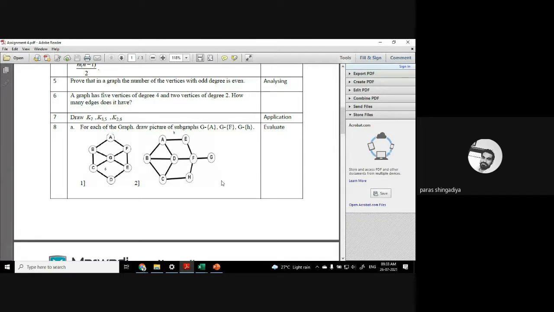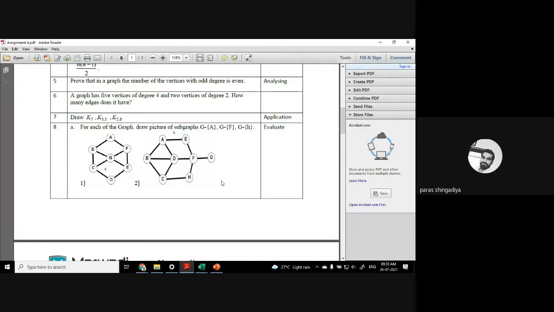What does G minus A mean? You have to delete this vertex. You remove this vertex from the graph and create a new shape. After removing it, this new modified shape will be the subgraph, because it is a part of the main graph. So we can say it is a subgraph.